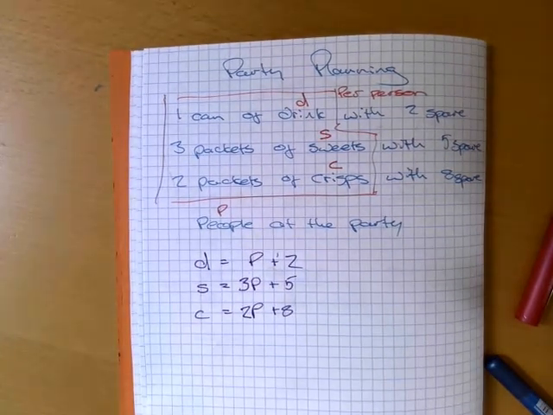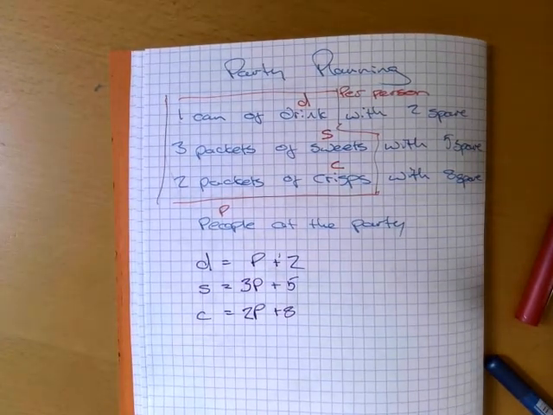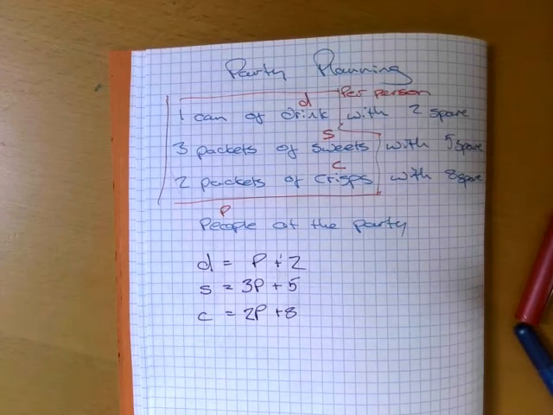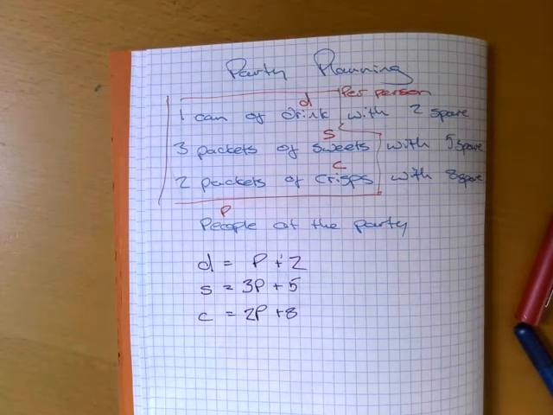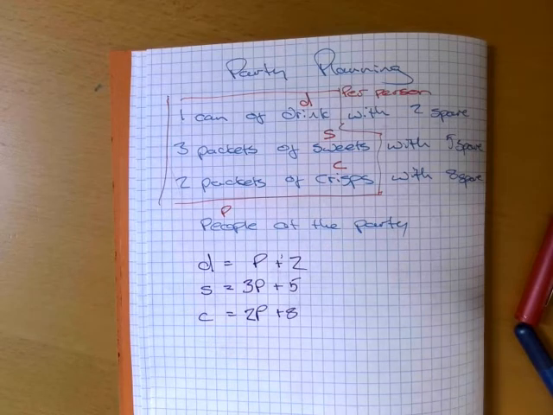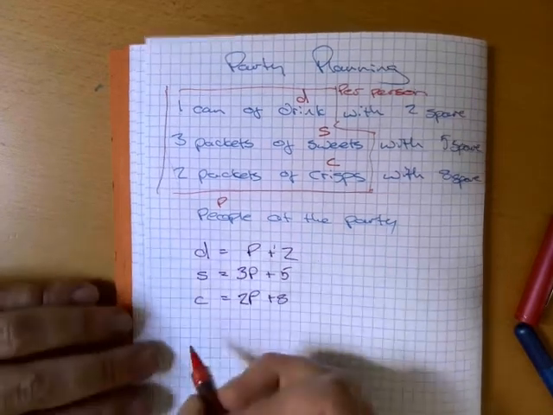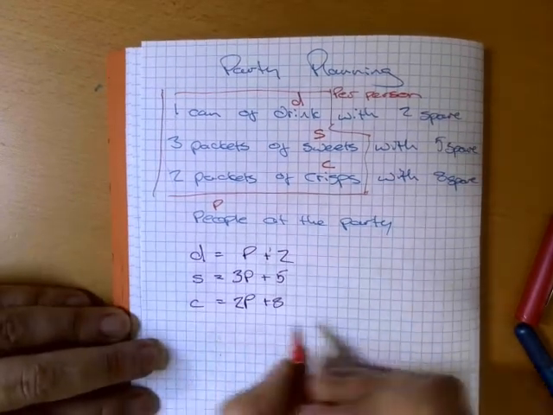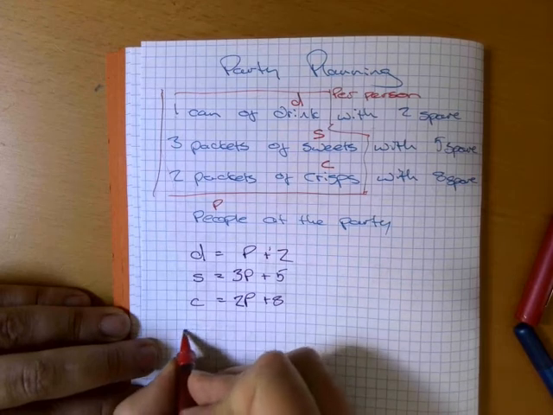Now, we can then go on and use this in a specific situation. So for example, if my party was going to have, let's say, 6 people at the party.